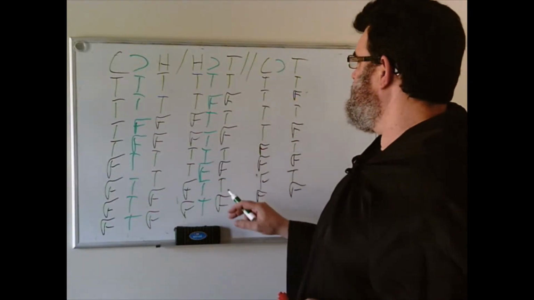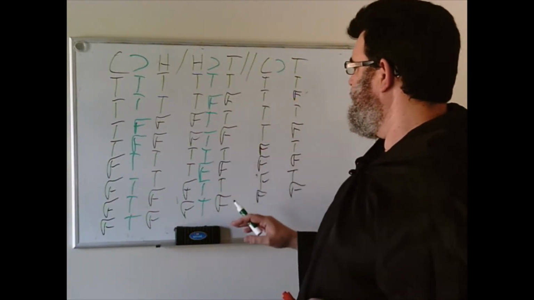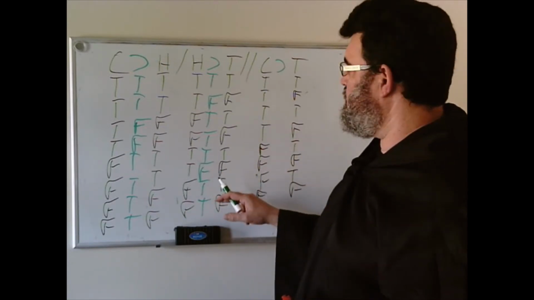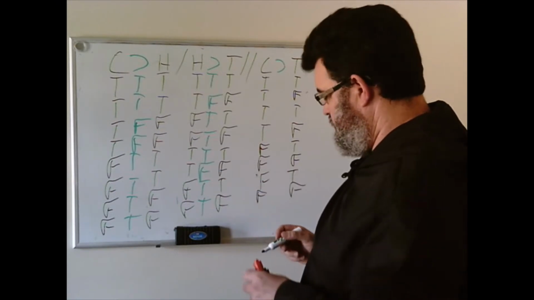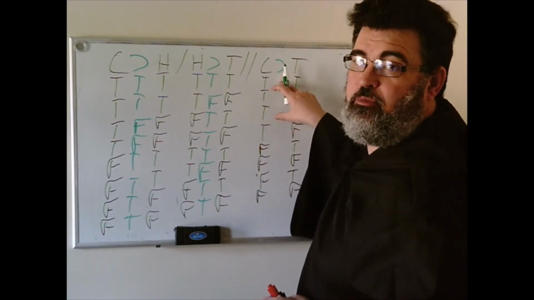And it's kind of similar here, but it's not quite the same. Here I have a false in the second row, and I have a false in the sixth row. But I also solve my conclusion.